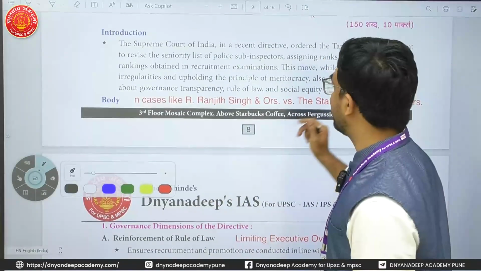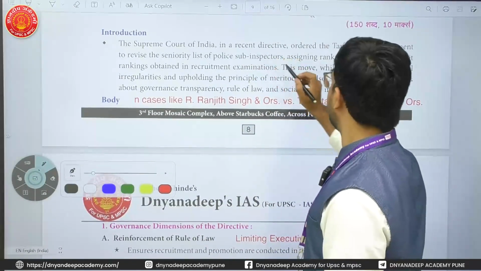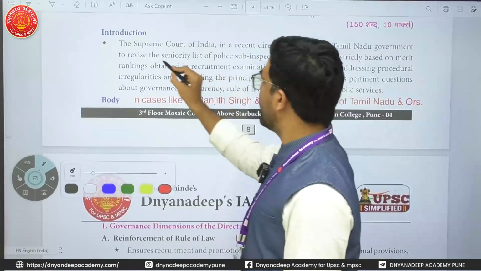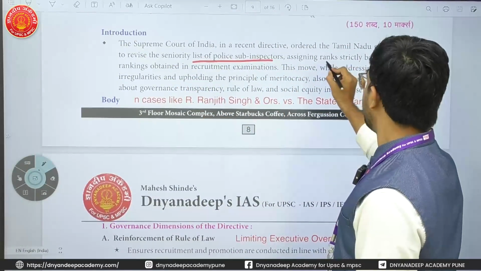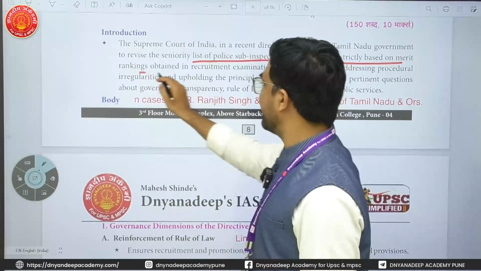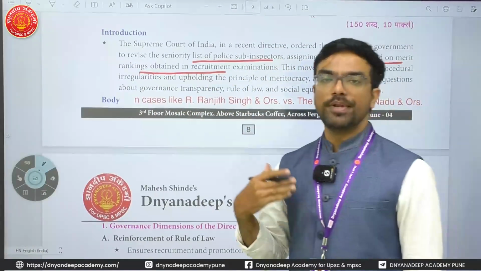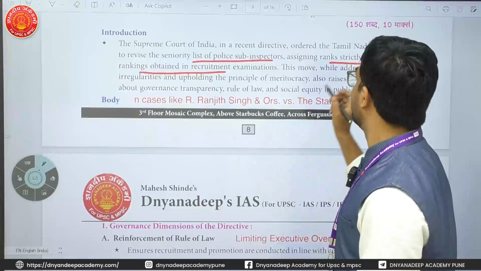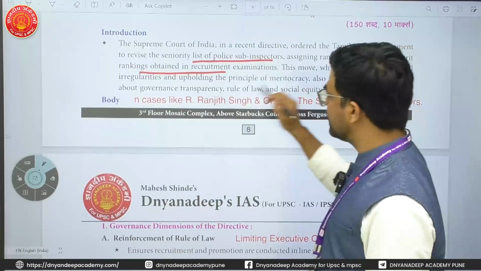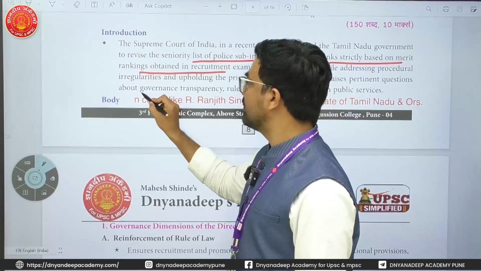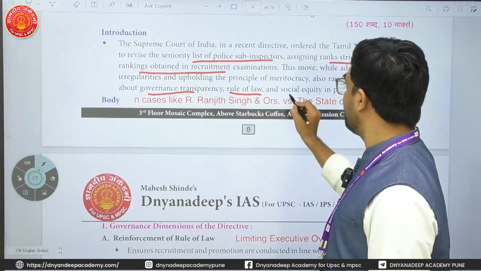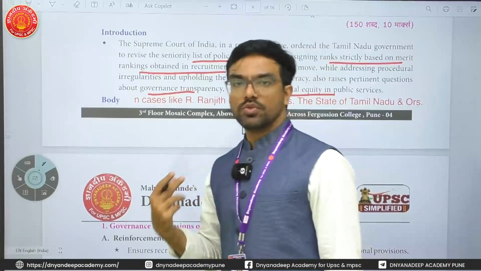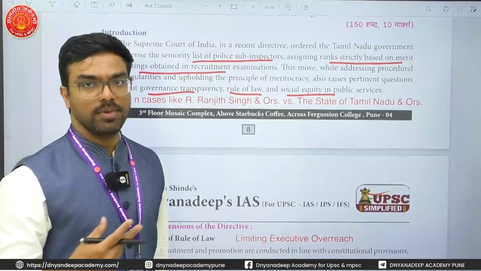So in the introduction you can write that in its directive the Supreme Court ordered the Tamil Nadu government to revise the seniority list of police sub-inspectors, assigning ranks strictly based on the merit rankings obtained in the recruitment examination. Right? So this move, while addressing procedural irregularities, also ensures the administration is transparent, abides by rule of law, and ensures social equity in public services.